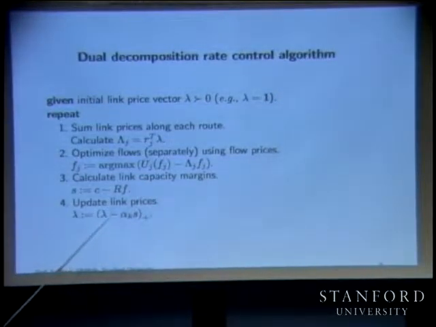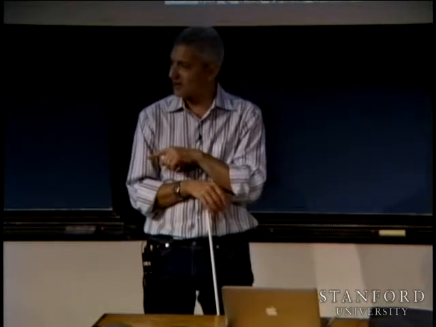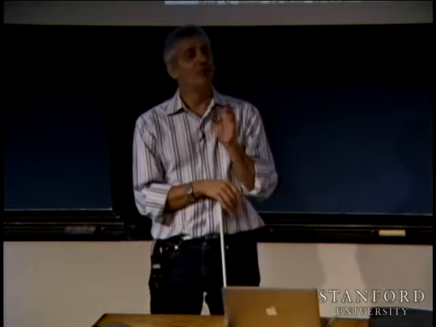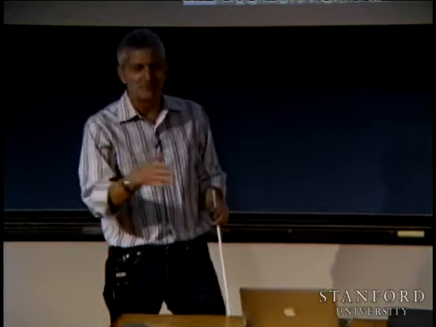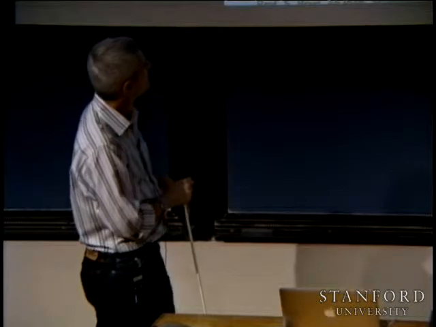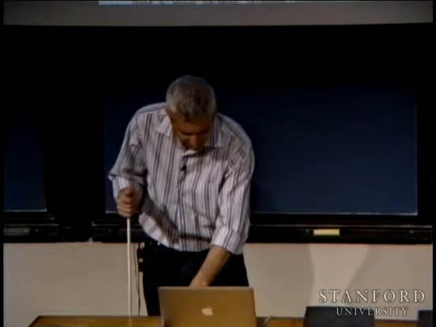But alpha is large, so in your next step, all lambdas are going to go to 0, and now everybody goes insane at the next step, because everybody says, sorry, it's costless on my whole route, not a problem, and you open up your pipe to the maximum rate. So, that's the only sort of hole in it. But I'm not going to do all the details to fix that. You can do all sorts of things there, limit it. You could put upper bounds on the flows or whatever. Doesn't matter.